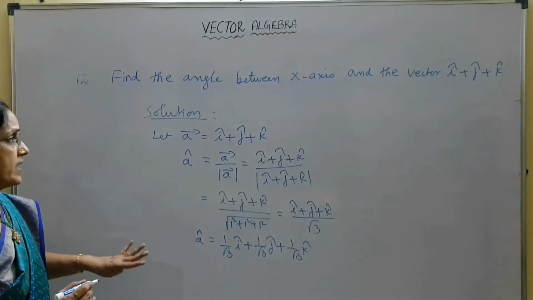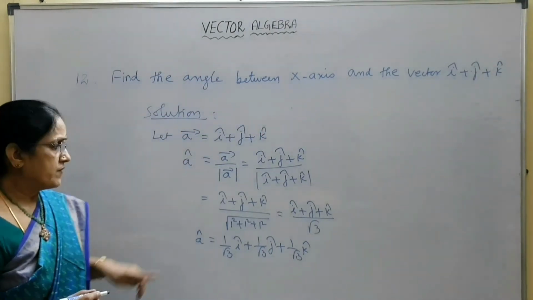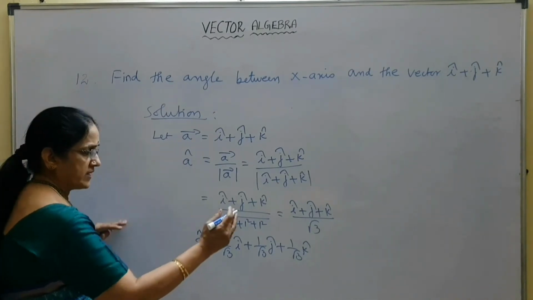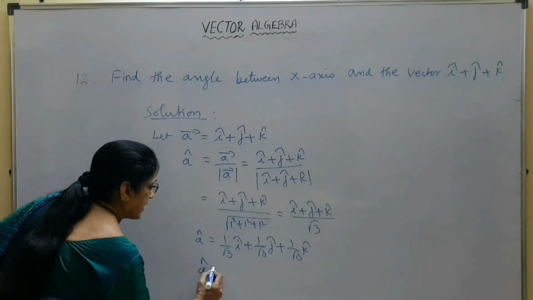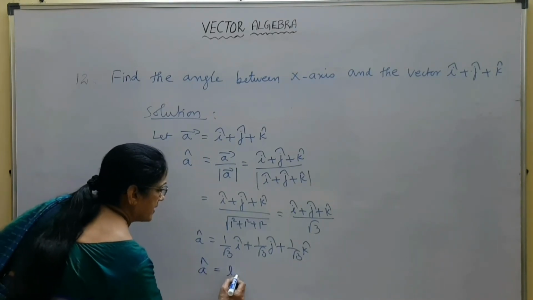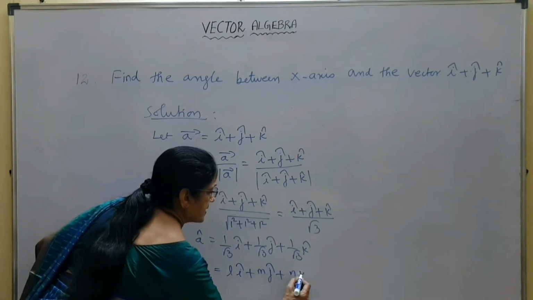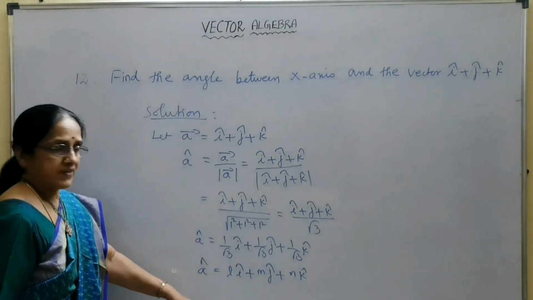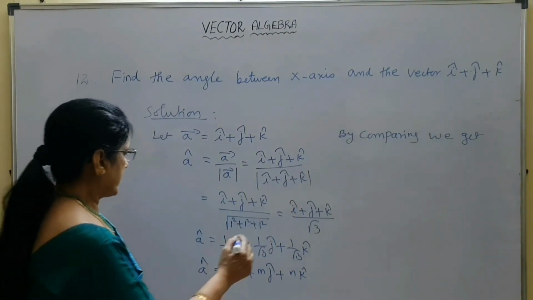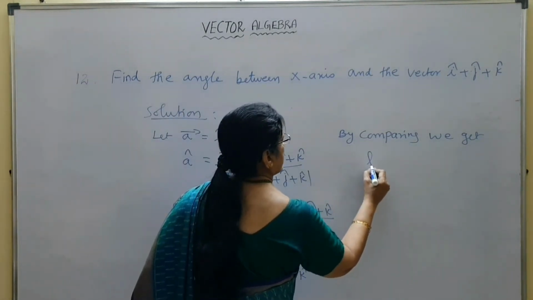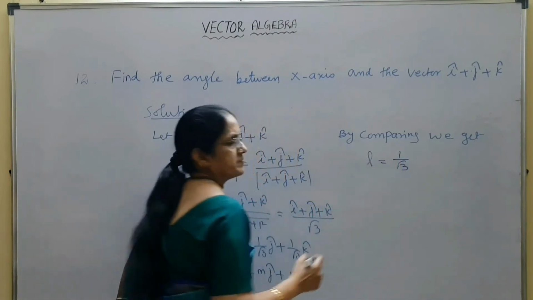Now I need to find the angle between the x-axis and the vector A. So when I compare this A cap with l i cap plus m j cap plus n k cap, A cap is equal to l i cap plus m j cap plus n k cap. This is of this form. By comparing, we get l is equal to 1 by root 3.